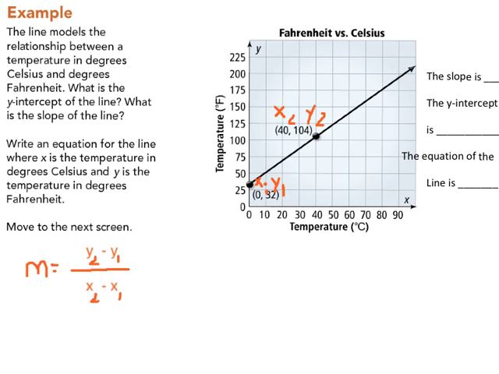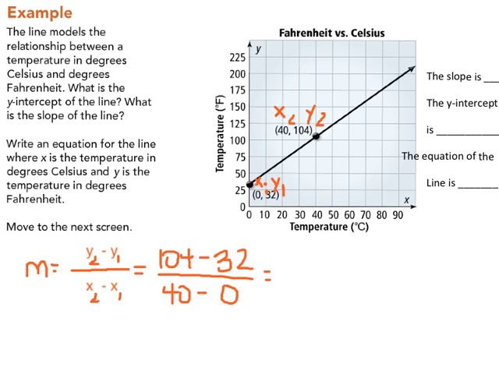So I have my formula for finding slope. It's y2, which is 104, minus y1, which is 32, over x2, which is 40, minus x1, which is 0. And now we're ready to simplify that.